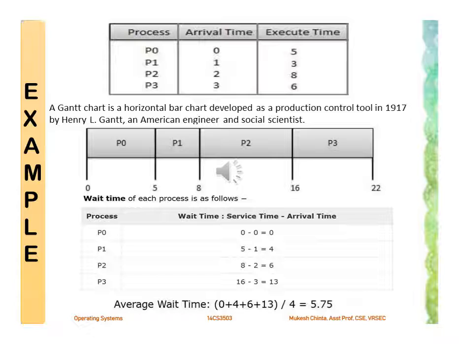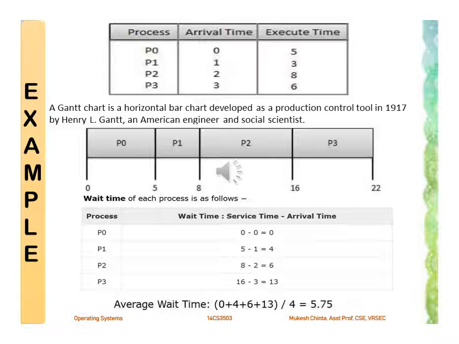Then 5 to 8, so 3 is added to 5, 5 plus 3 is 8. So 8 is the completion time for P1. After that, 8 plus 8 is 16 for P2, and for P3, 16 plus 6 is 22. Got it? Then the wait time of each process is as follows.